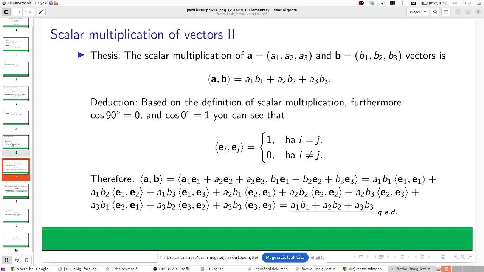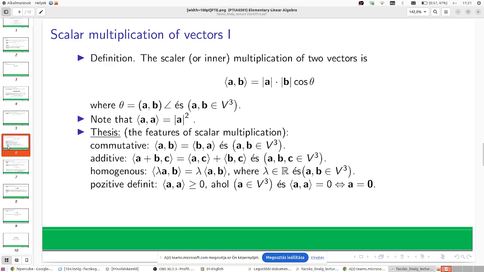Remember the definition of the scalar multiplication, vector multiplication. The angle of the vectors is in the formula, and you take the cosine of this. For 0 angle, the cosine is 1.